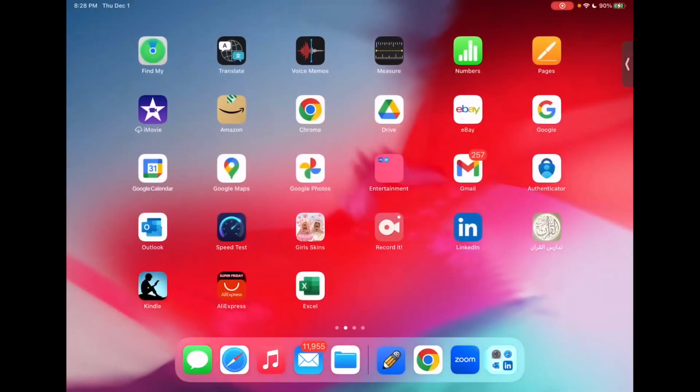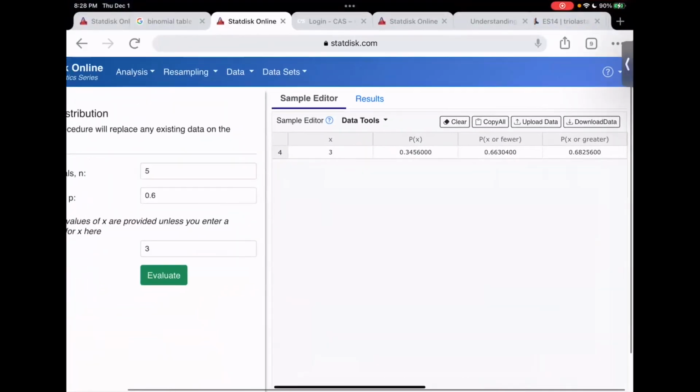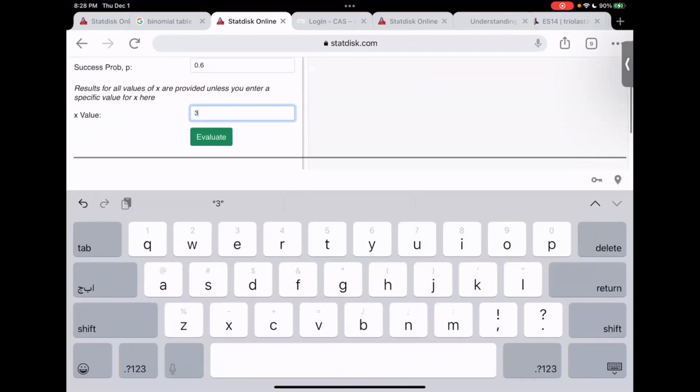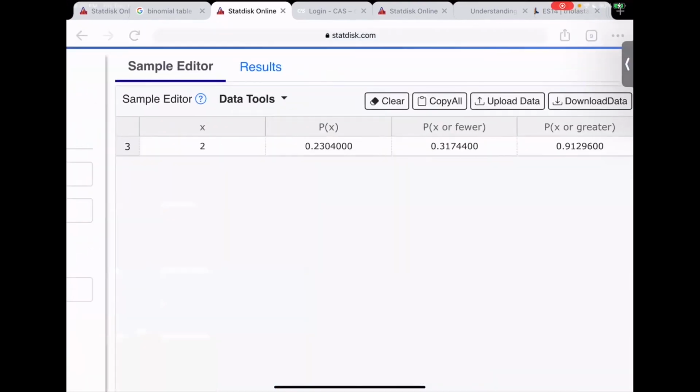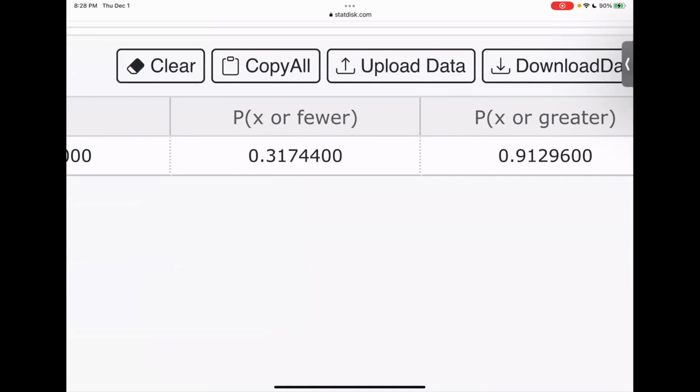Or using technology, it will be here. If we put 2 here and evaluate, it will be this value. So x or greater, that will be 2 or greater, it will be 0.913. So probability X greater than or equal to the value we did, which is 2, will be 0.913.